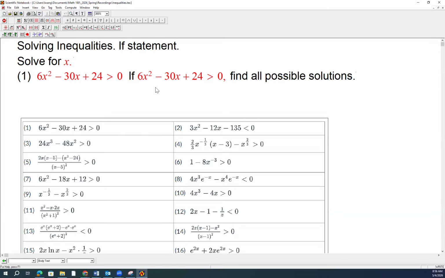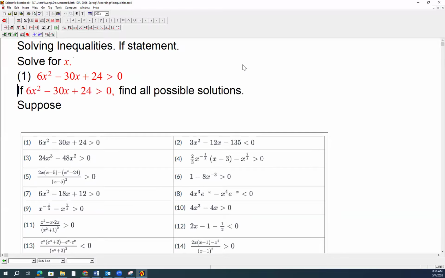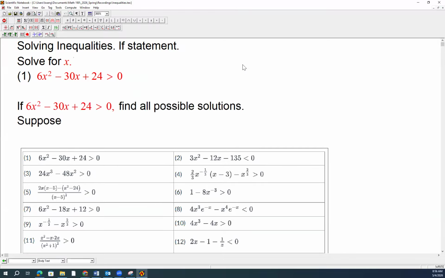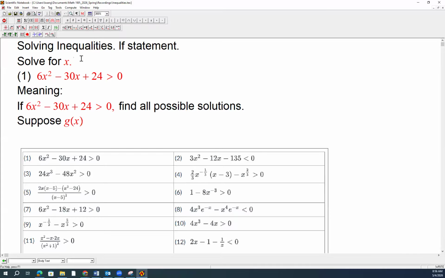Another interpretation is that suppose we have a function called g. This is to explain the meaning. Suppose we have a g function, and g function is equal to the given left-hand side.